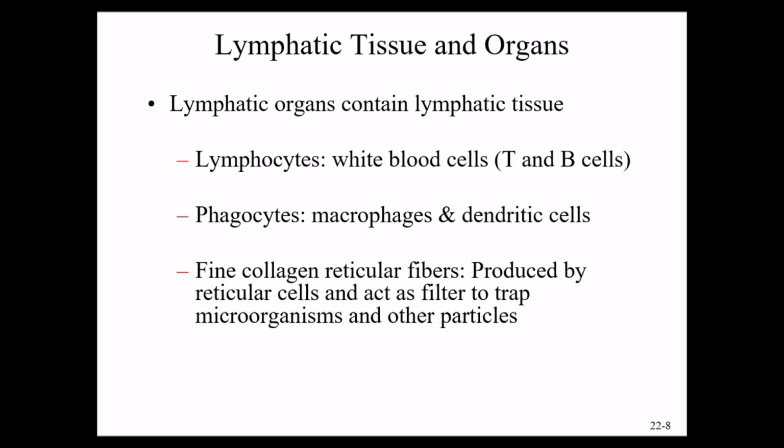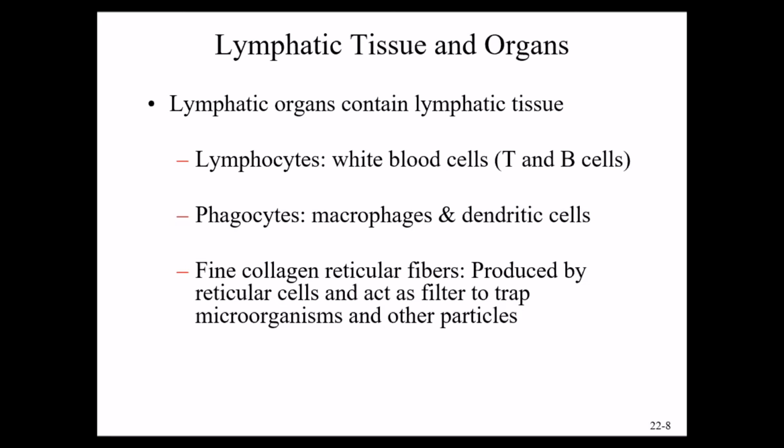The other thing that you find in lymphatic tissue is a special type of collagen fibers. You may remember this back from 169 in the tissue chapter. When you looked at collagen, there's actually two different types. One type of collagen fibers is what's called reticular fibers. These are very fine threads of protein fibers, very tightly packed, kind of like a cross network of fibers, and they really act as a filter.